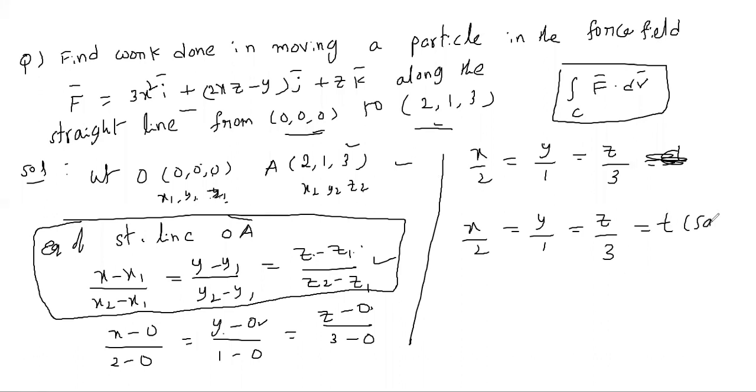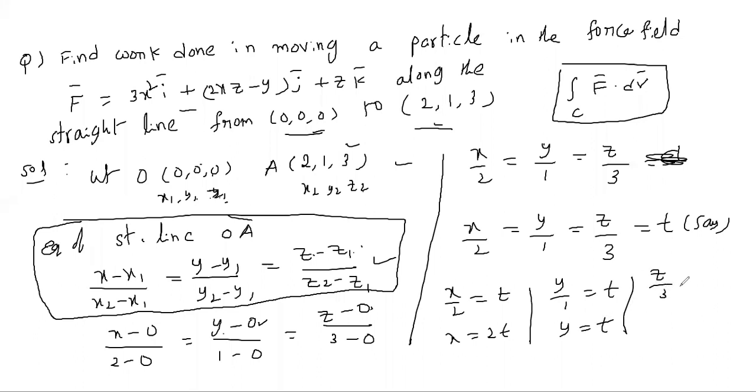Which implies x by 2 is equal to t, so x is equal to 2t. Next, y by 1 is equal to t, so y is equal to t. Next, z by 3 is equal to t, so z equal to 3t.